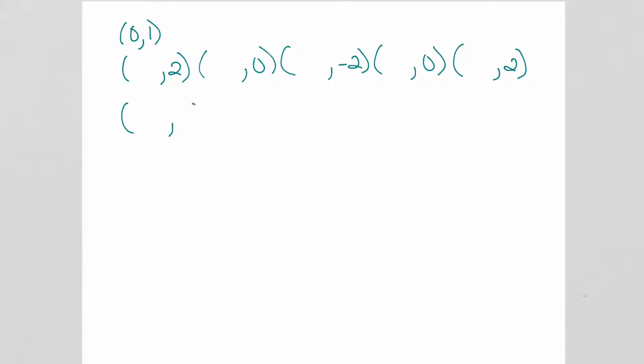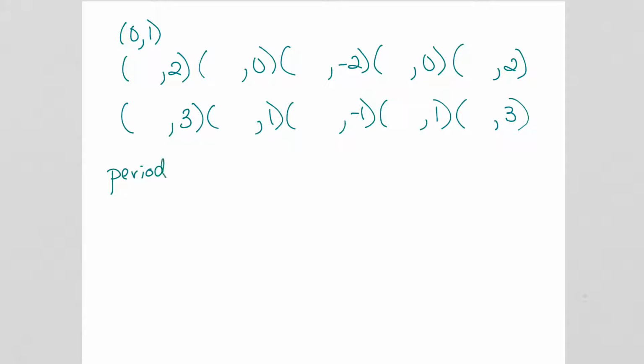So, making all those go up 1, 2 plus 1 is 3. 0 plus 1 is 1. Negative 2 plus 1 is negative 1. 0 plus 1 is 1. And 2 plus 1 is 3. So there's going to be our y values. Then we talk about our period divided by 4 to get our x values.